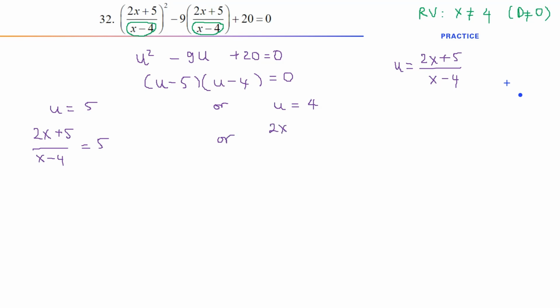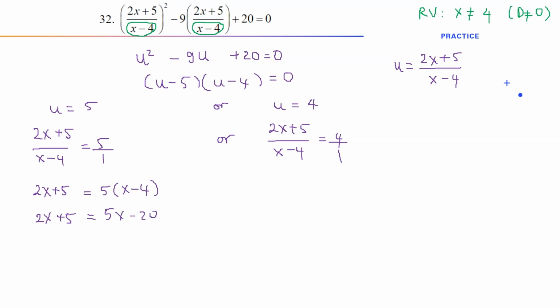Or 2x plus 5 over x minus 4 equals 4. And remember, the number we can rewrite as 5 over 1 or 4 over 1, right? And then do the cross multiply. So 2x plus 5 times 1. That's 2x plus 5. 5 times x minus 4. 2x plus 5 equals, distribute, 5x minus 20.